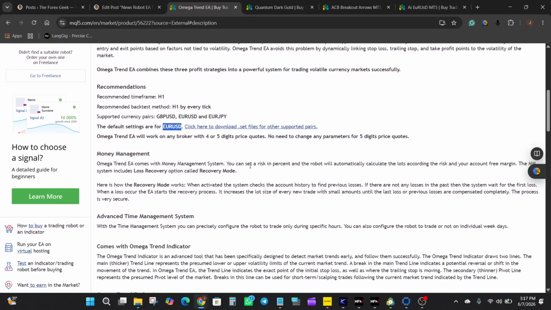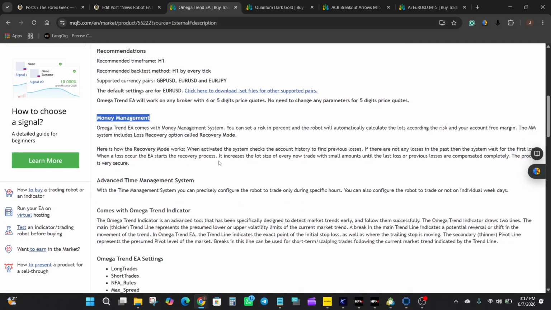Another notable feature is the built-in money management system. Users can define risk as a percentage, and the EA automatically calculates position sizing based on available account margin. The system also includes a recovery mode, you can see that here, which is designed to gradually increase lot sizes after previous losses in an attempt to recover those losses over subsequent trades.